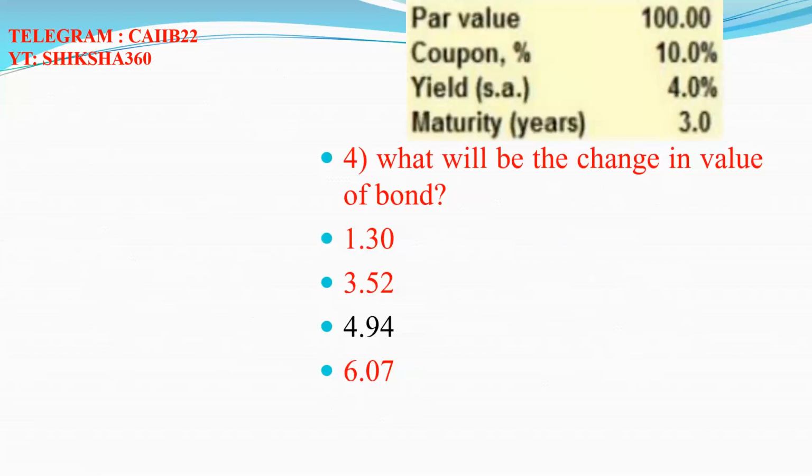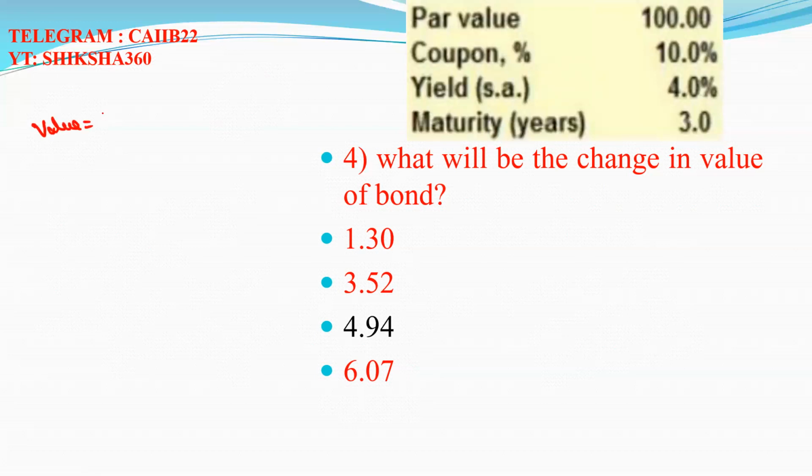So in question number 4, we are given the coupon value, coupon rate, yield, and maturity. So what will be the change in the value of the bond? Here, first of all, we have to calculate the value of the bond.